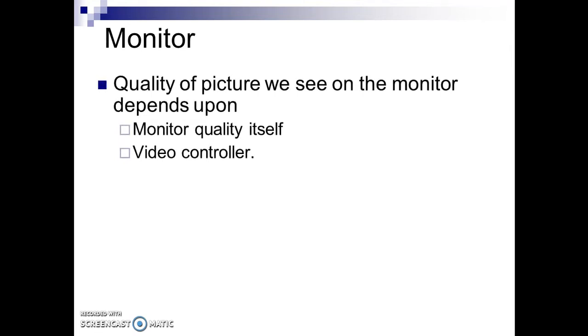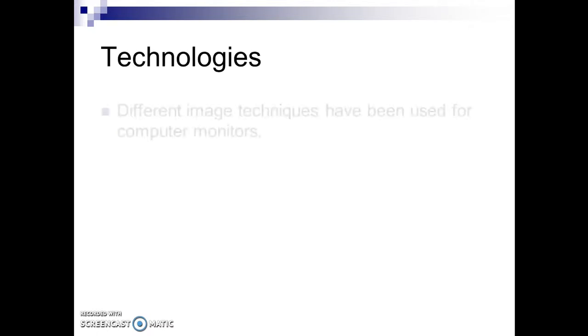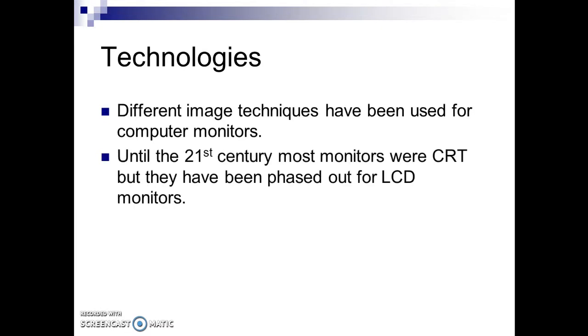A monitor's not the only thing that influences the quality of the picture we see coming from a computer. We have the monitor quality, but we also have a video controller. These two things interact, and this gives us the quality of visual that we've become accustomed to. In terms of technologies, a lot of different image techniques have been used. Really, for the most part, cathode ray tubes, or CRTs, were the technology almost exclusively used before the 21st century.